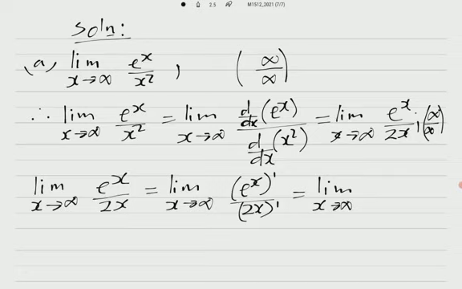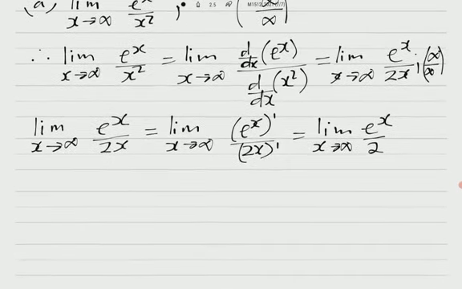You take the derivative of the top, it still remains e to the x. The denominator, you get just 2. Very good. Now you test again before you move forward. If you test the numerator, you get infinity, but the denominator is 2. So we can apply the limit here, and that's the answer, because straight away we get infinity. That is our limit. That's the answer to our problem.